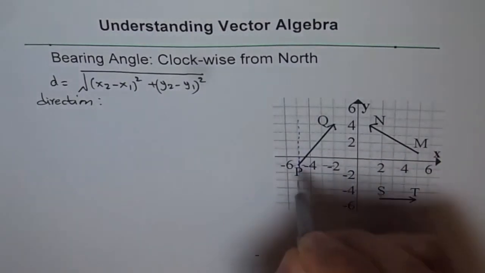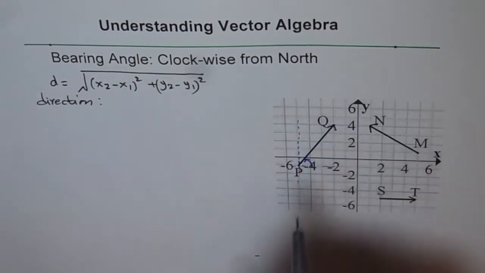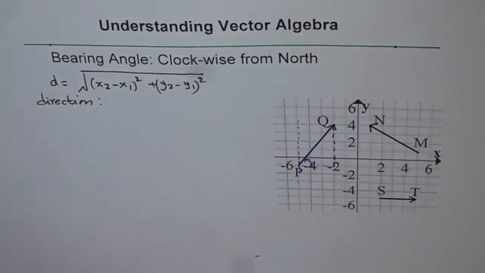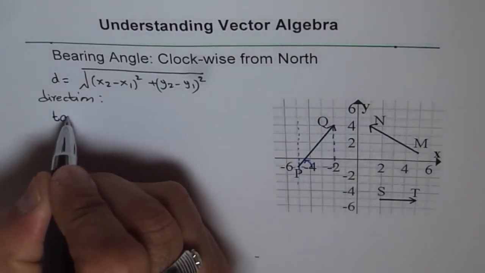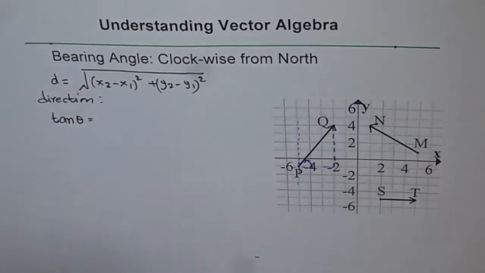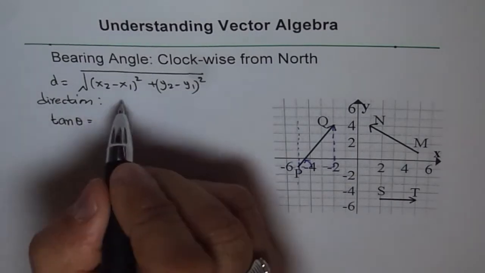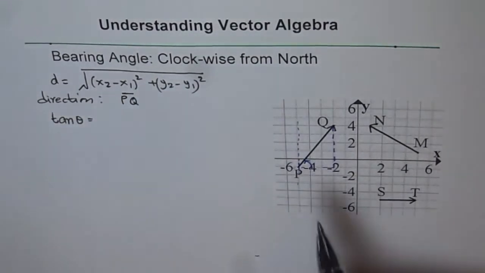What we will do is find the angle which PQ makes with the horizontal. We'll find that angle first. It is easy to find since we can use trigonometric ratios. Tan theta, you remember? We find tan theta for the direction of our vector PQ. Let me define PQ.